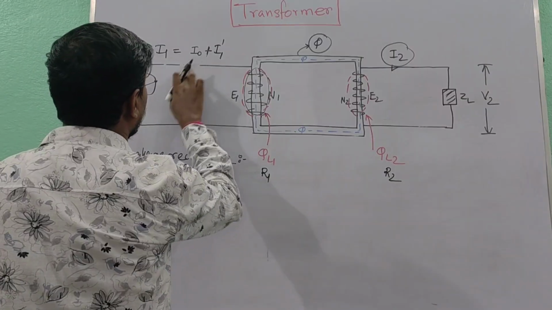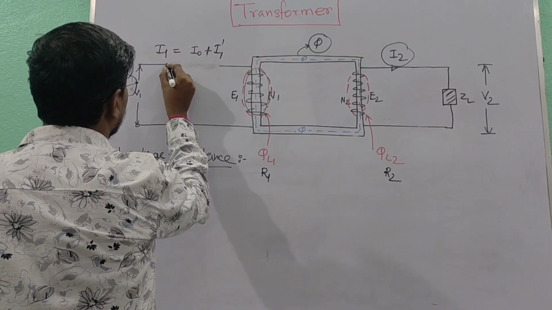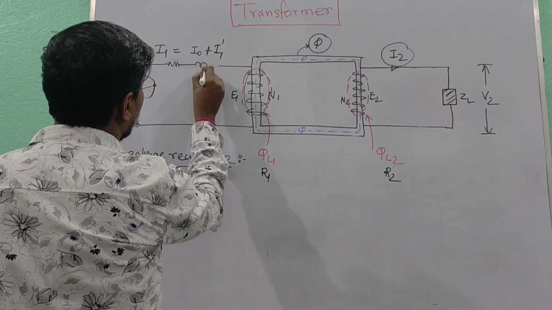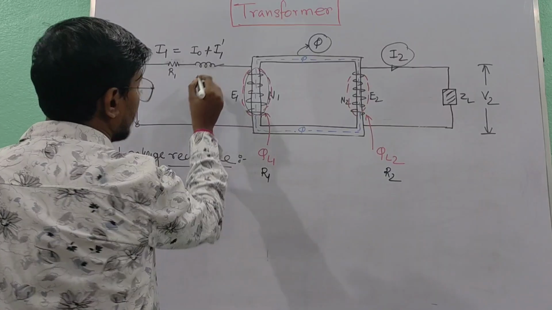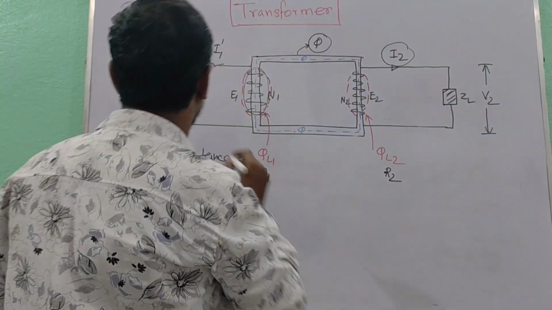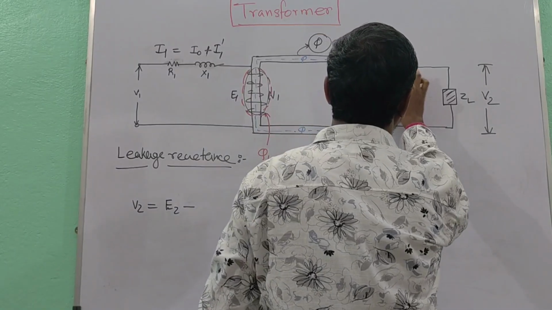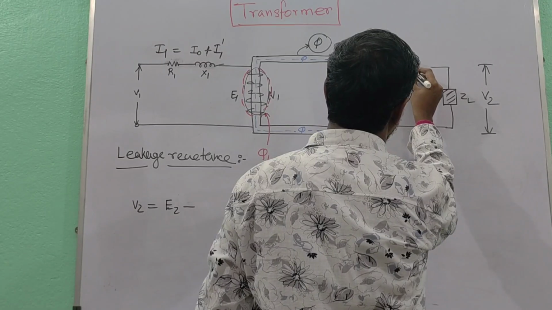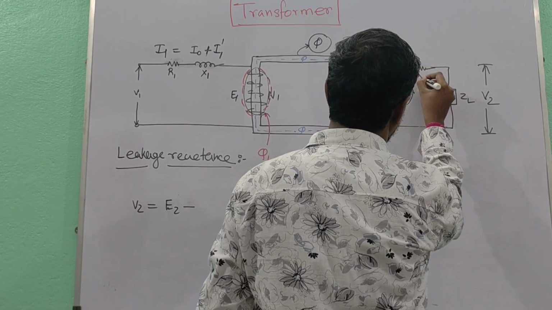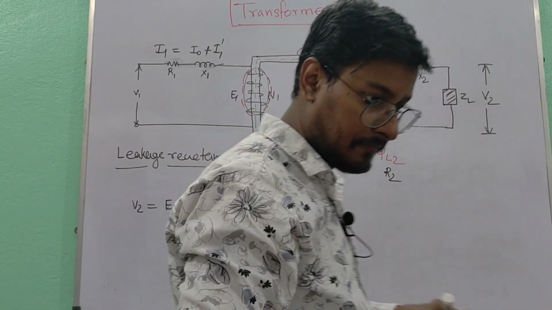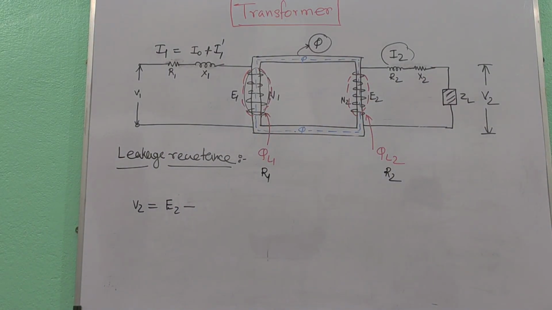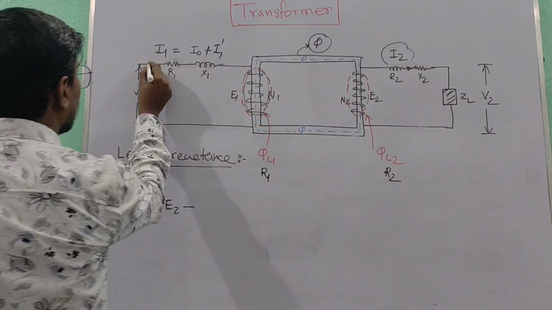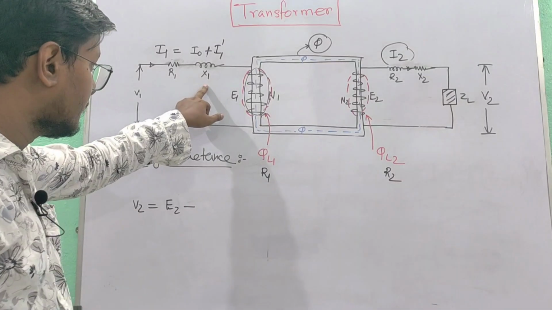Let me draw R and XL over here. So let me draw R1 X1, R2 X2.